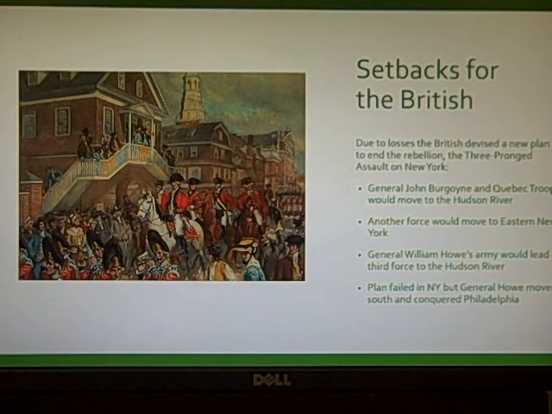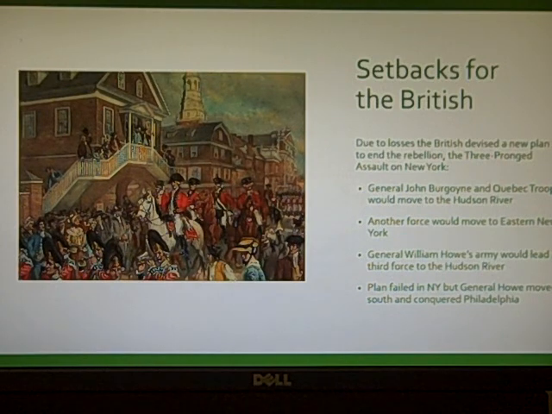They're going to try to divide colonial forces. Instead of one really large war in which Britain is fighting 13 colonies that have come together and formed one nation, they're going to try to split them, right? That's the idea here.